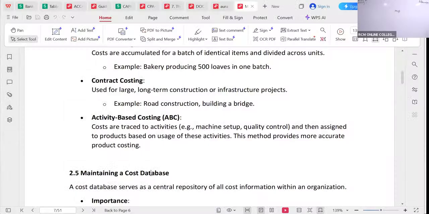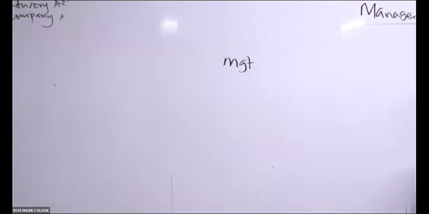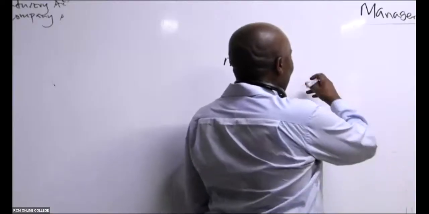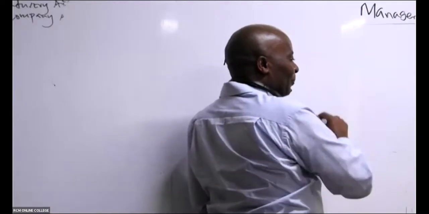So, maintaining a cost database. Why do we need a database? You know, like for example, during elections the other time, we had a database of voters and of course how they voted, right?